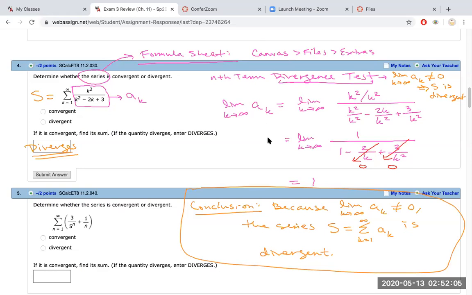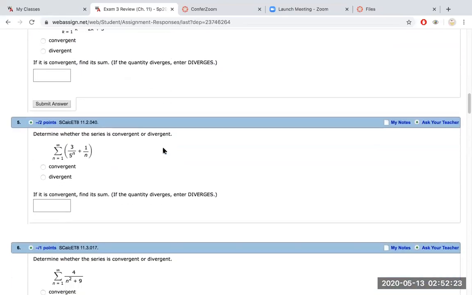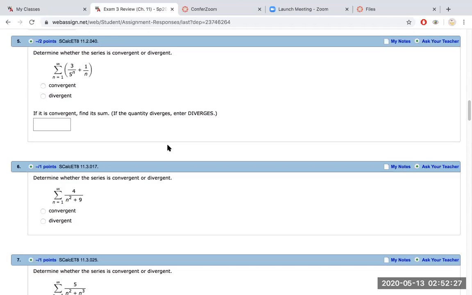Go ahead and take a picture if you're going to need it. I'm going to move to number 5 next. Clear this out. So number 5, determine whether the series is convergent or divergent.